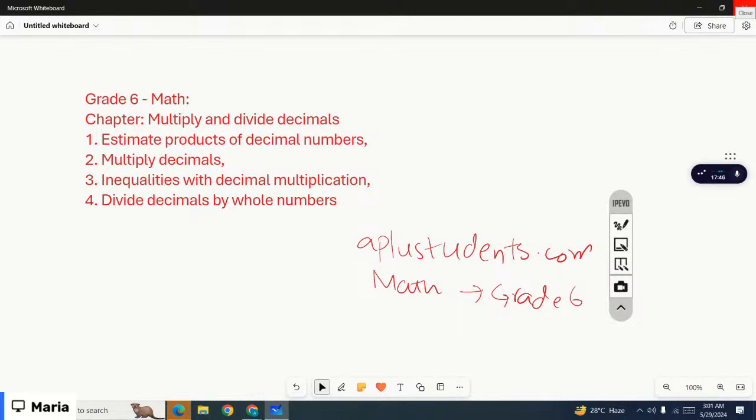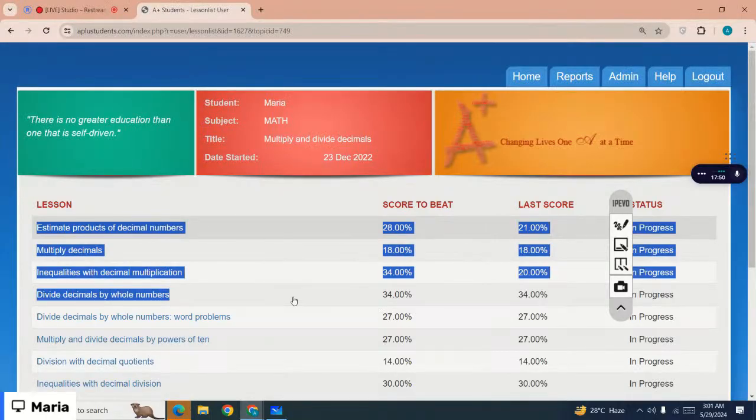So here I'm on grade 6 math, and the chapter we are on right now is multiply and divide decimals. Let's just start with the first lesson, that is estimate products of decimal numbers.